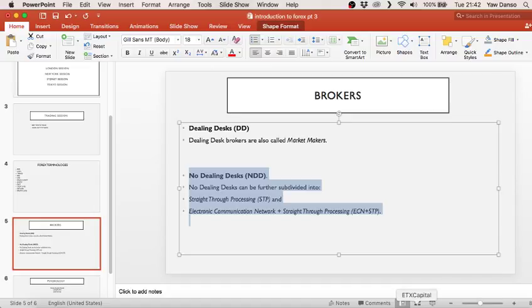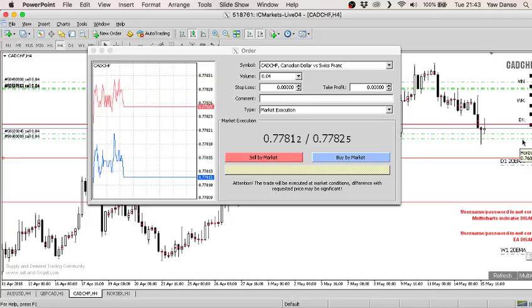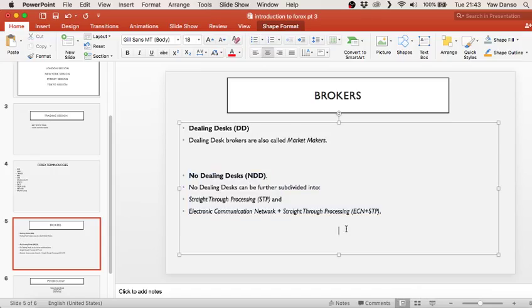If you press buy here, and the banks are saying the price is 1.2090, then these type of brokers, not the first one, they will add something called markup, the spread.